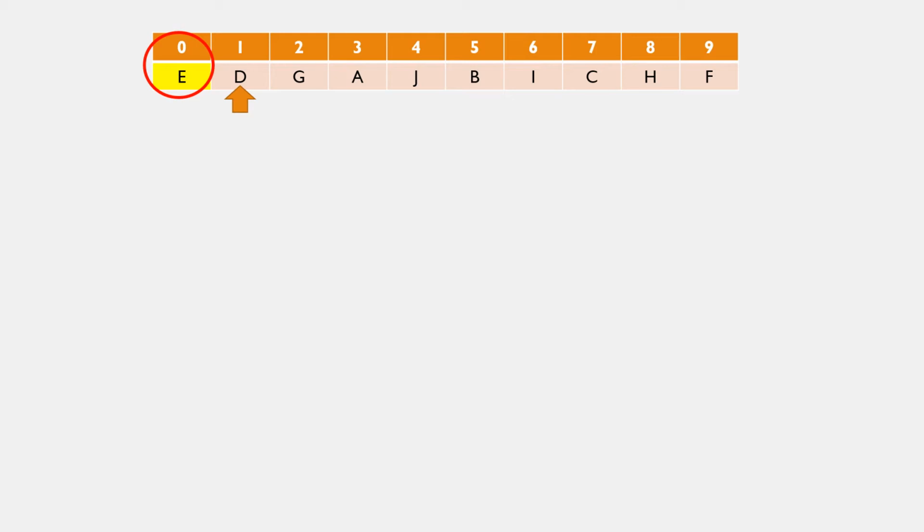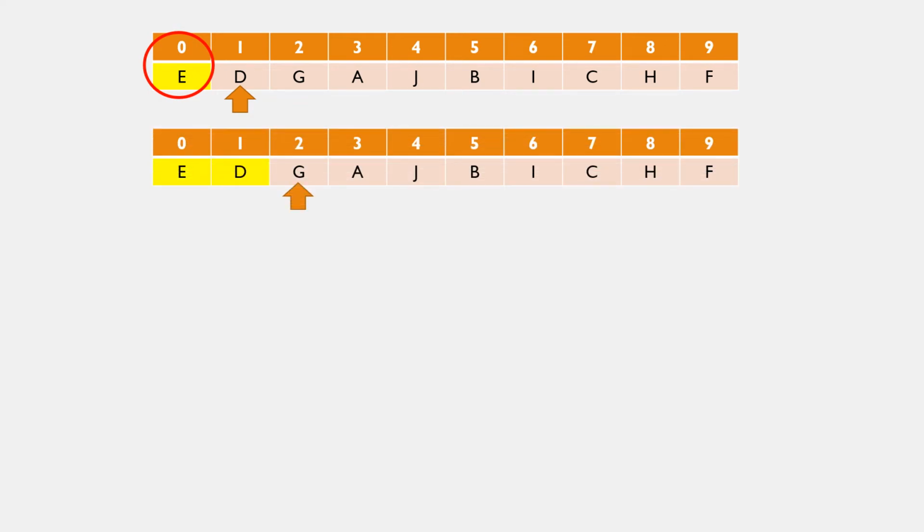The first item is D. That's clearly smaller than my pivot value, so it can stay in the first partition, and my marker continues on through the list. It's now at G. G is larger than the pivot value.